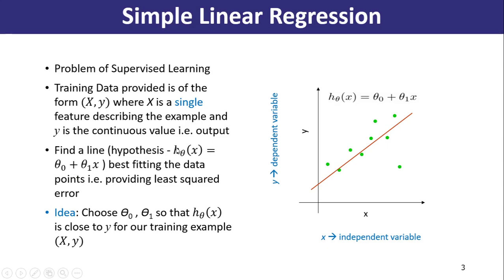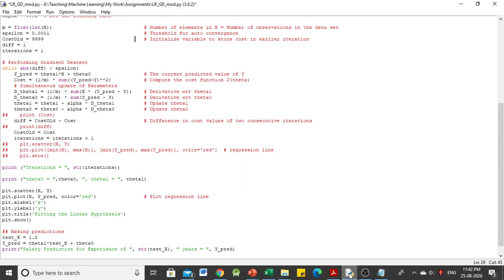Whatever my hypothesis gives me for a particular value of theta 0 and theta 1 for the sample x is my predicted value, and this is what we are going to find out. So how am I going to compute the hypothesis value? Theta 1 x plus theta 0.